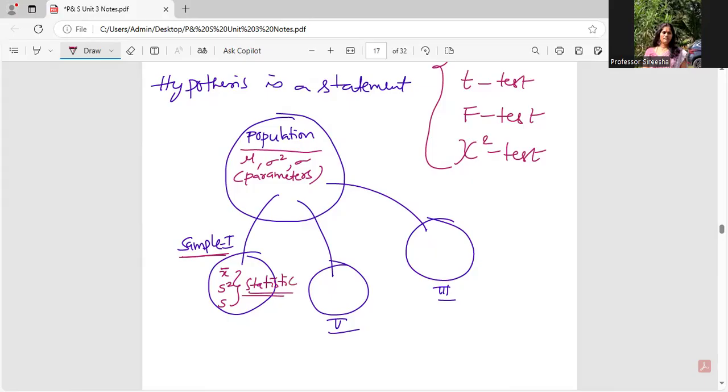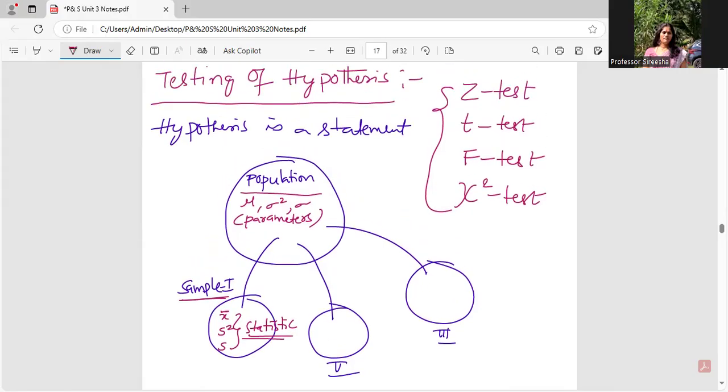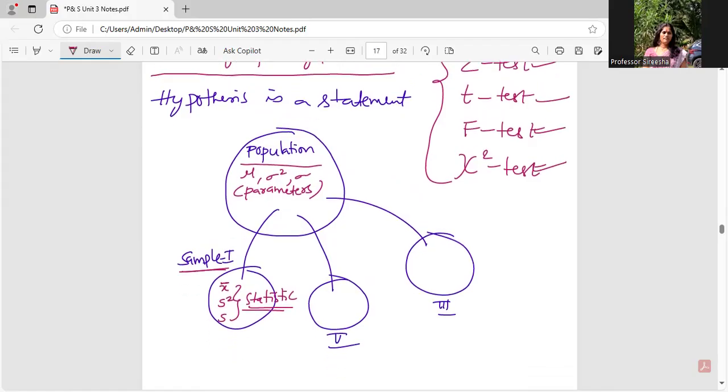Now, these samples decide which statistic I have to use, whether it is the Z statistic, T statistic, F, or chi. The sample decides things. Now, a hypothesis is a statement and I'll be testing it. Usually, a hypothesis is about a population.